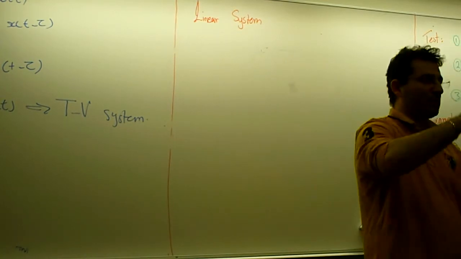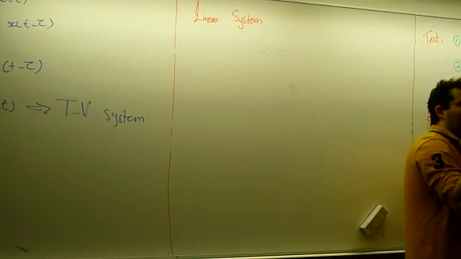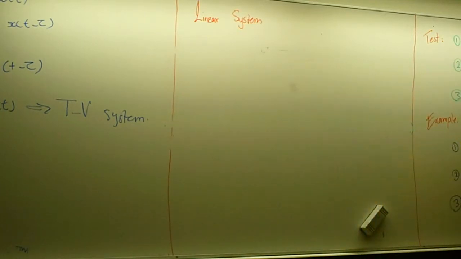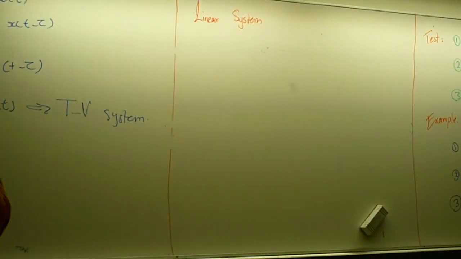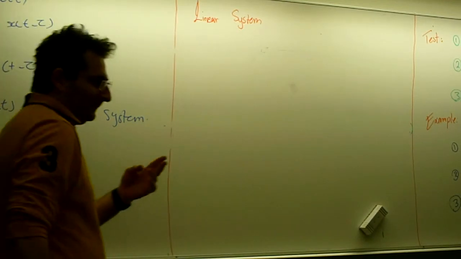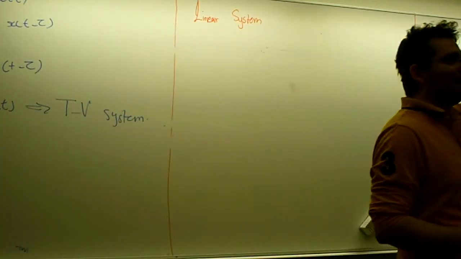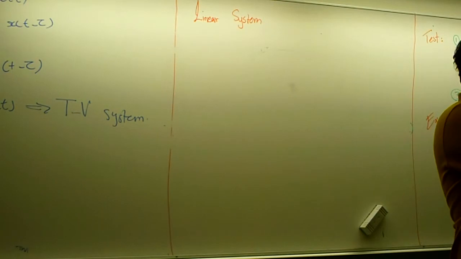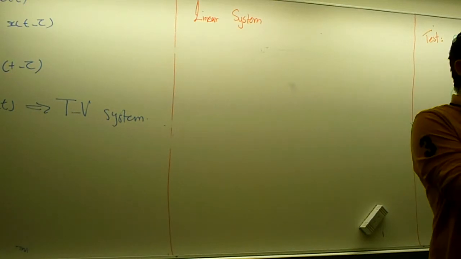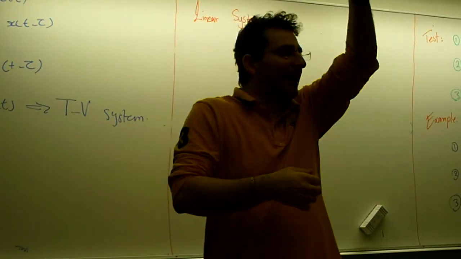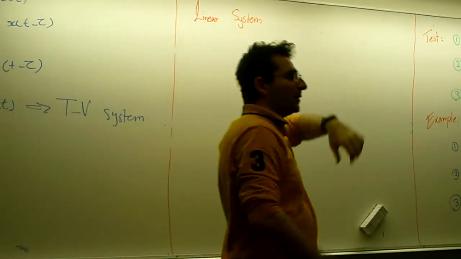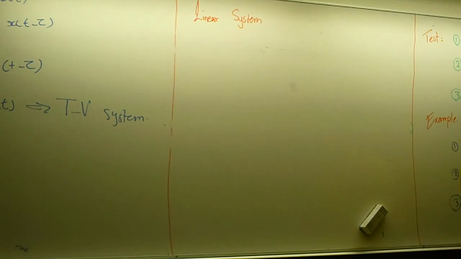Both of them have been increased, but if I scale my input by alpha, I have to get the same scale of increase for the output. The second one is additivity. If I add input 1 and input 2 and give it to the system, I have to get the output of the first one alone plus the output of the second one alone. This is something that you have in circuit theory called superposition.